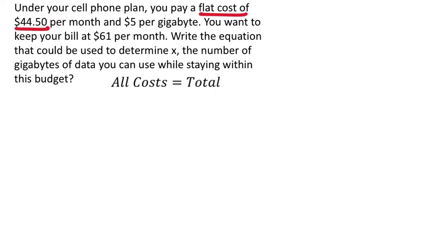And yeah, that right there is a cost. Okay, so it just calls that some kind of flat cost, so I'll label it as a flat cost. So you have this flat cost, and in addition to that, we can see in this problem, you're also paying $5 per gigabyte. So that would be a cost, the gigabytes.